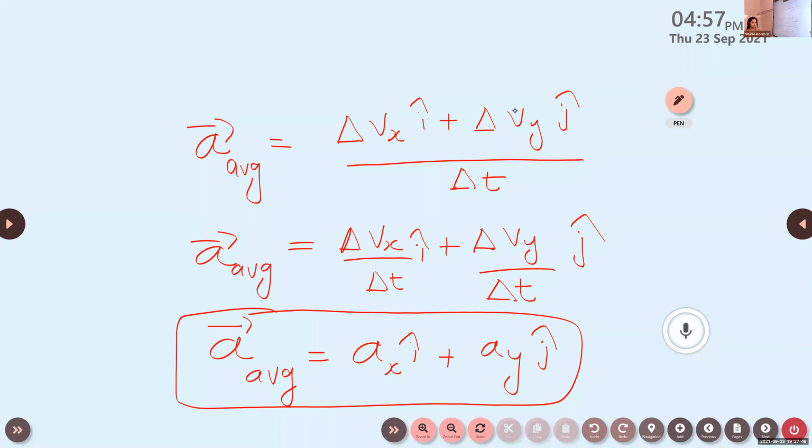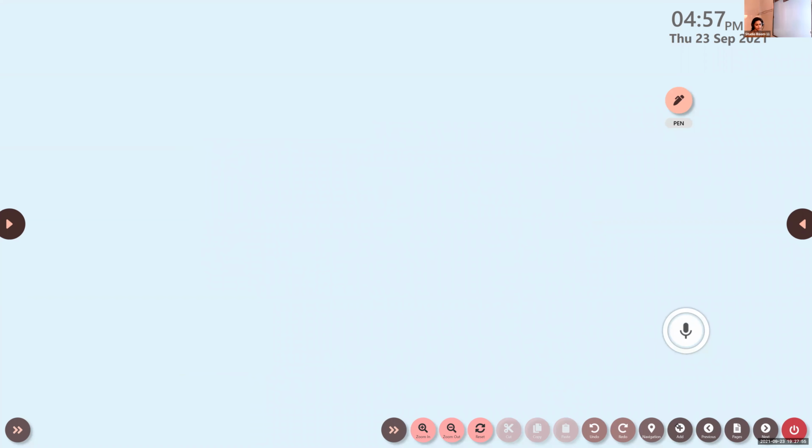So average acceleration, vector A average, is equal to Ax i cap plus Ay j cap. Now write the next point.